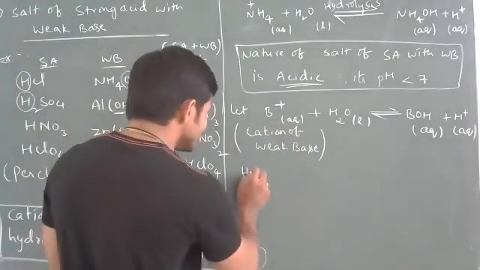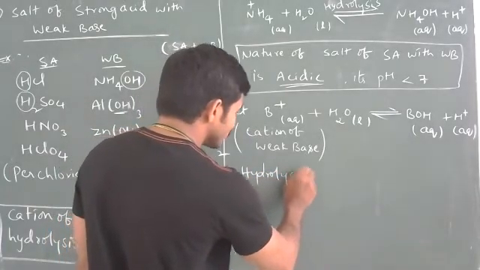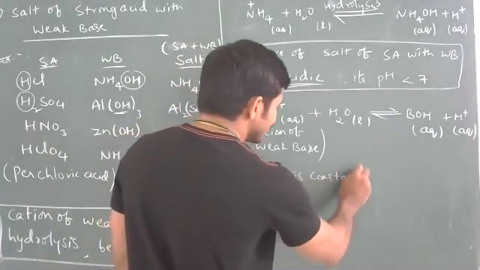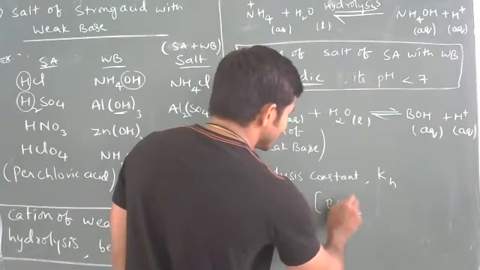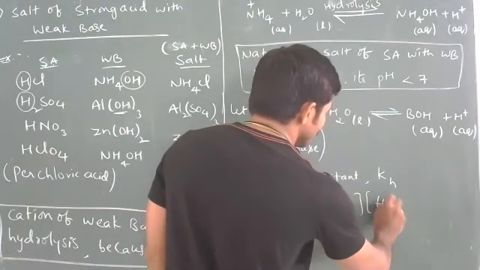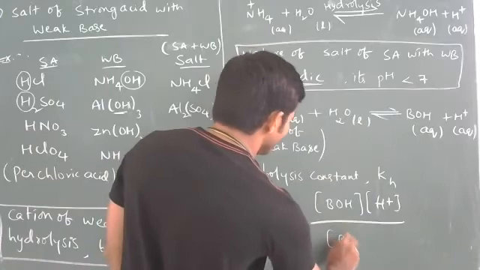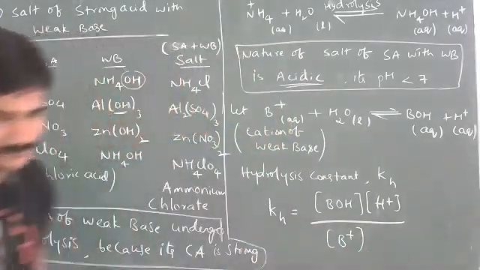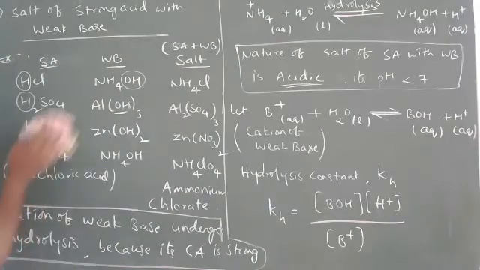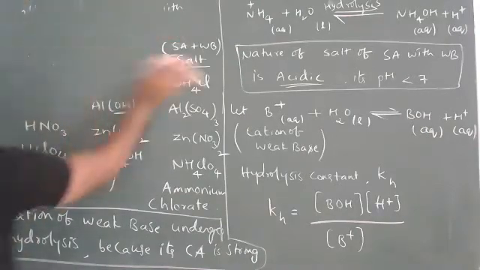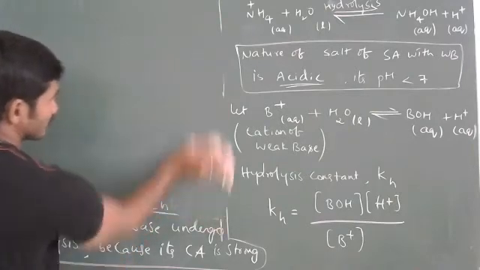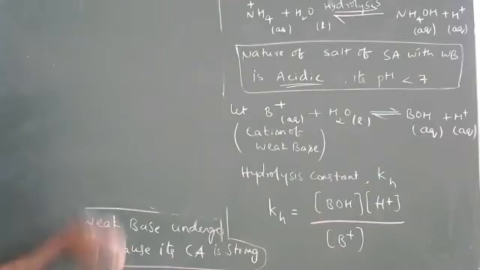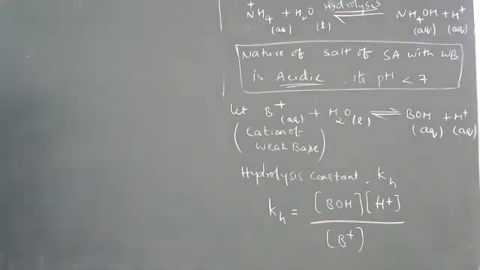So to derive an equation, I am taking the general equation. What can I write? Hydrolysis constant KH is equal to the product concentration, BOH into H plus by B plus. Derive this equation same as the previous one.